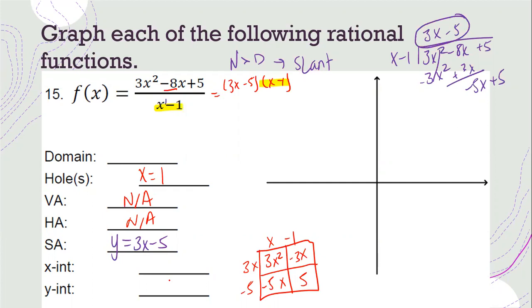Okay, your x-intercept comes from setting your numerator equal to 0. So I'm setting each one of these equal to 0. Do I have to worry about setting the hole equal to 0? No, because it's a hole. Doesn't matter. But 3x minus 5 set equal to 0 is going to put us at 5 over 3. Good job.